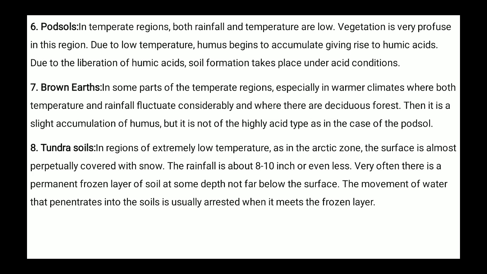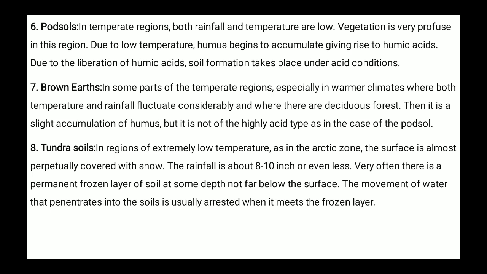Especially in warmer climates, both temperature and rainfall fluctuate considerably, and there are deciduous forests, meaning forests which drop their leaves at the beginning of the winter season. Then there is a slight accumulation of humus, but it is not as highly acidic as in the case of podzol soil.